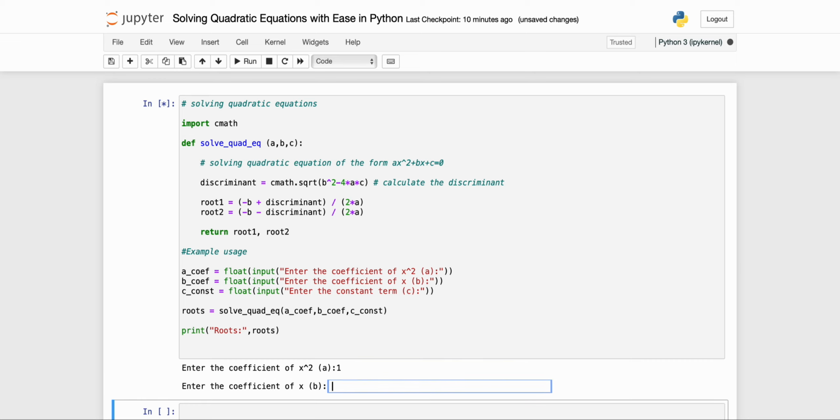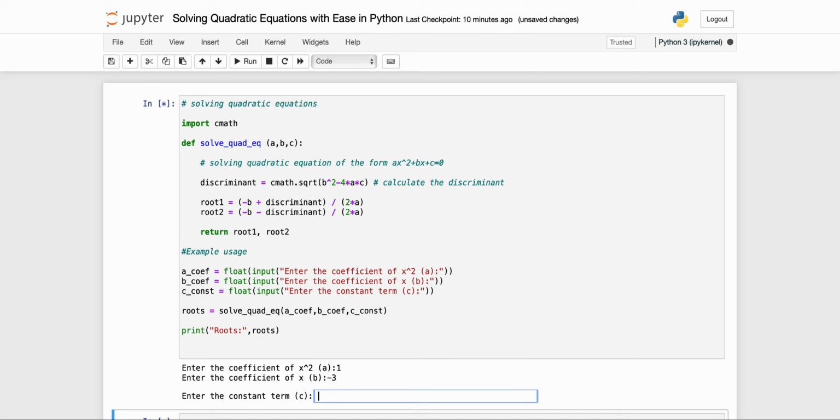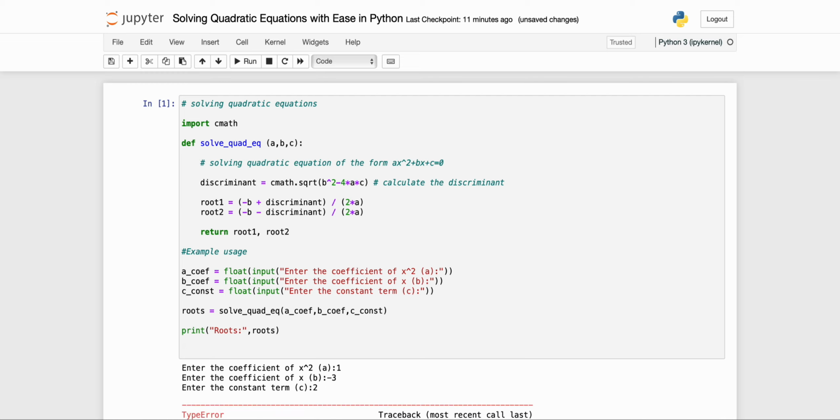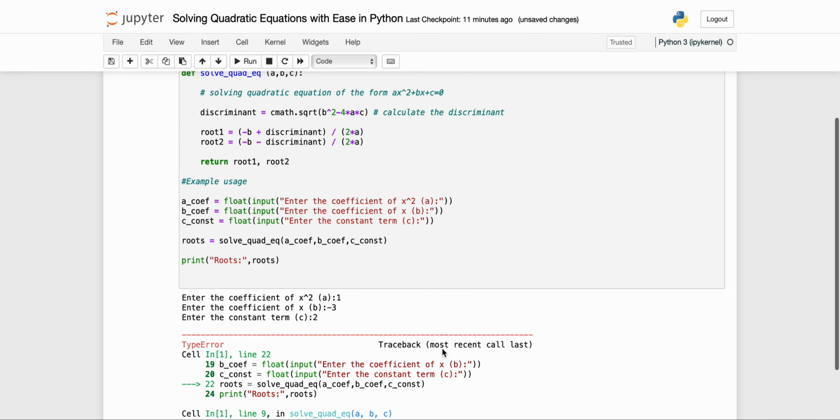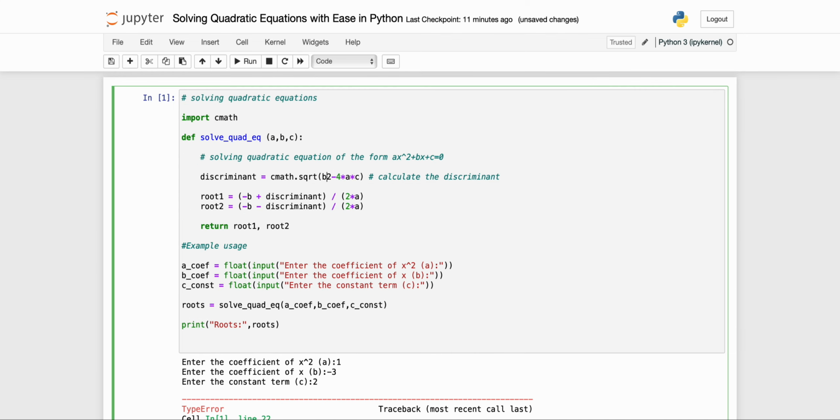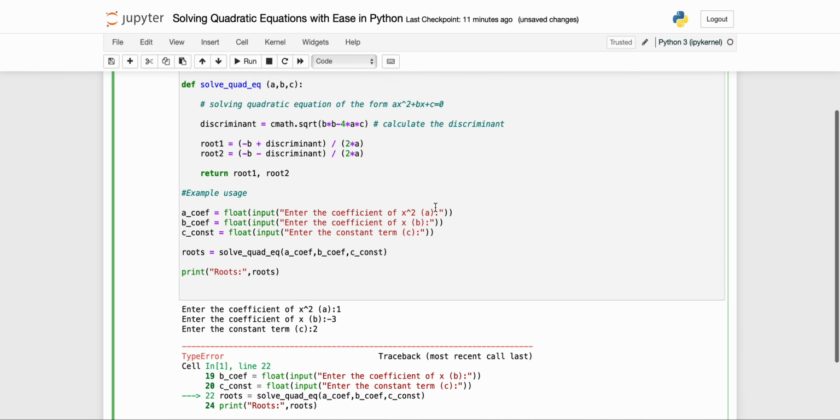Then it's minus 3x, so b would be negative 3, and c would be 2. You enter these, and there is a problem. What did I do? I did something wrong here. Instead of doing b squared, I can just do b times b, which is also b squared. Let's rerun this.